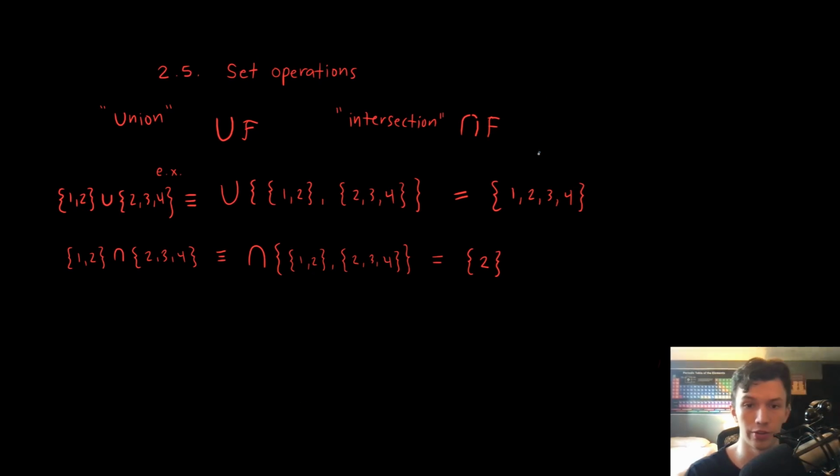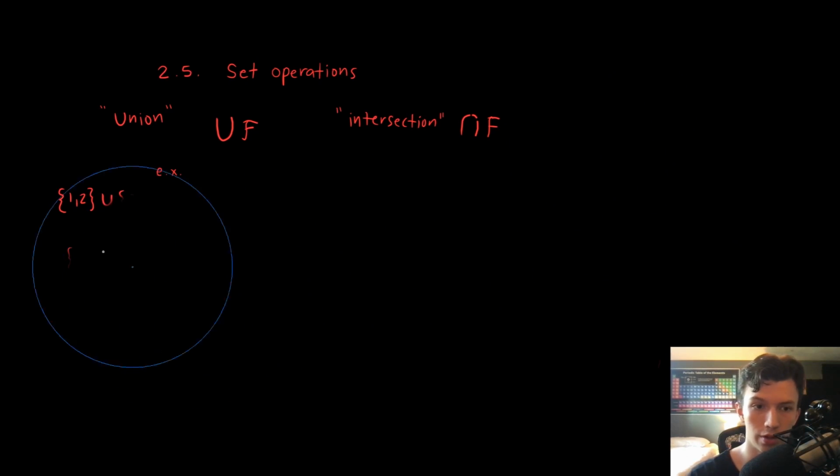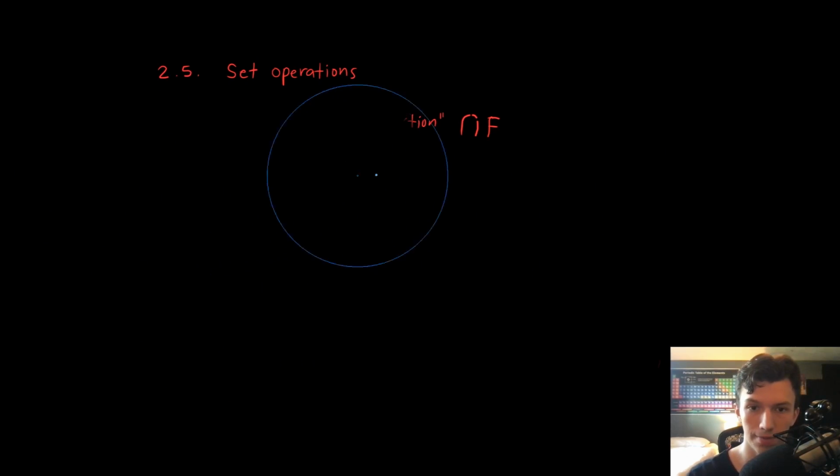There are 2 more that I want to look at. These are very similar ones. I also want to look at difference. I'm going to write this in a new frame. There are 2 more, which are actual operations.